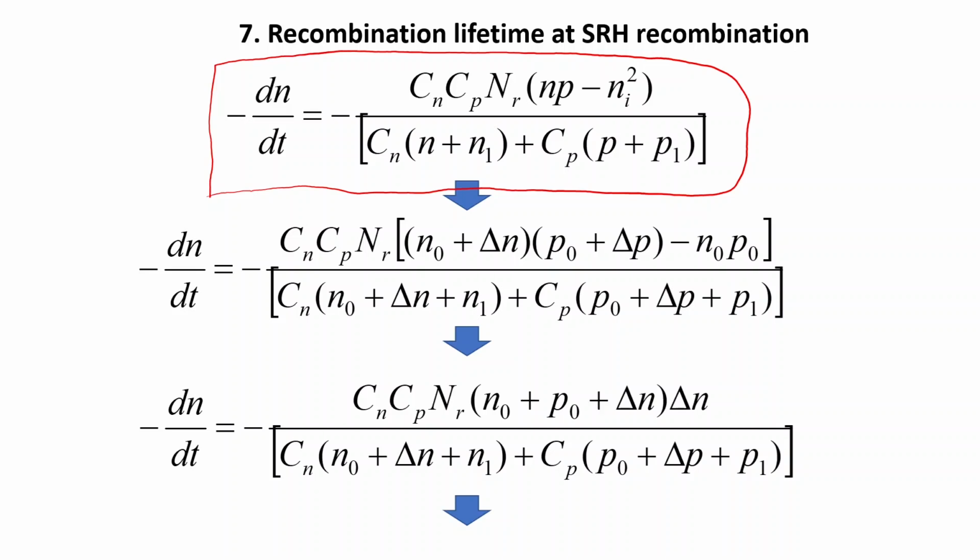And we see here capture cross-sections and capture coefficients for electrons and holes, which are given as the product of the capture cross-section and thermal velocity of electrons and holes, respectively.